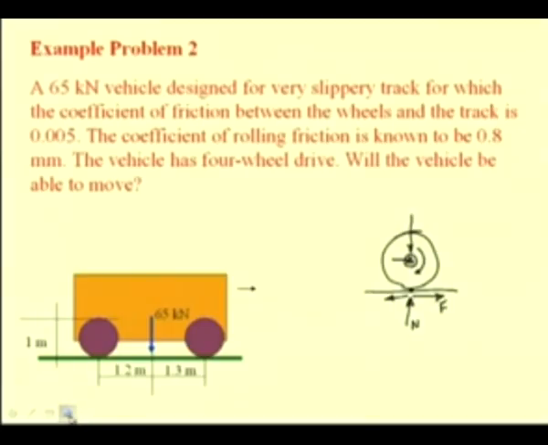If the rolling resistance is more than the available friction, then the vehicle will not be able to propel, but rather the wheels will keep revolving, and it will be slipping from the track, and the vehicle will be idle and it will not get propelled. So, let us go to the problem.